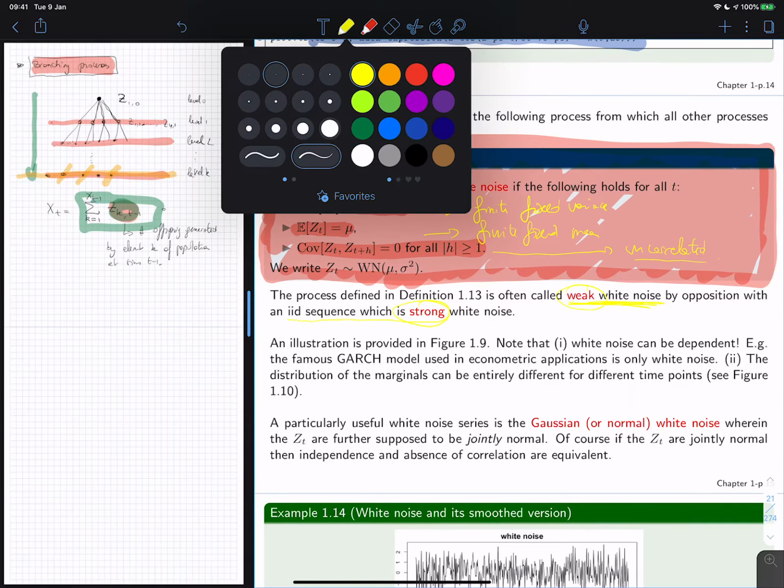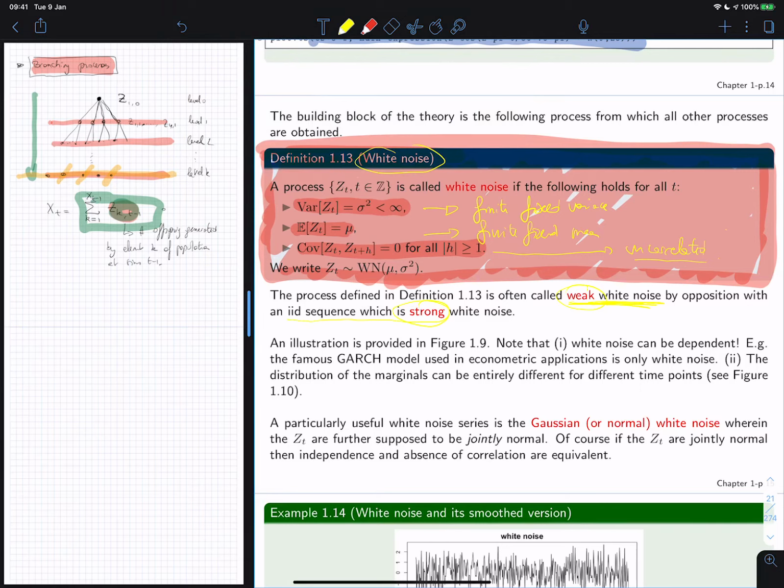As you can see here, we do not impose independence, so this is not the same as independence. We only impose lack of correlation. Why? Well, although in most applications we'll be looking at strong white noise, it is generally not necessary to impose independence, and it's smarter to keep your theory as general as possible.